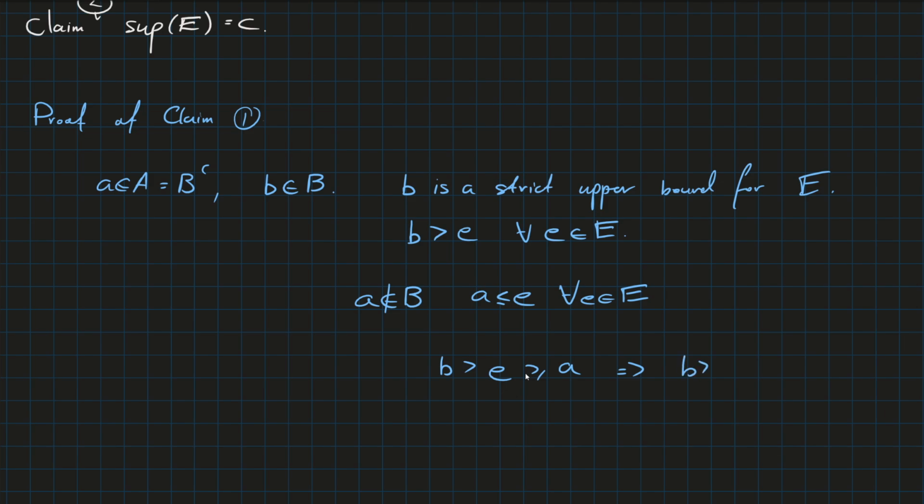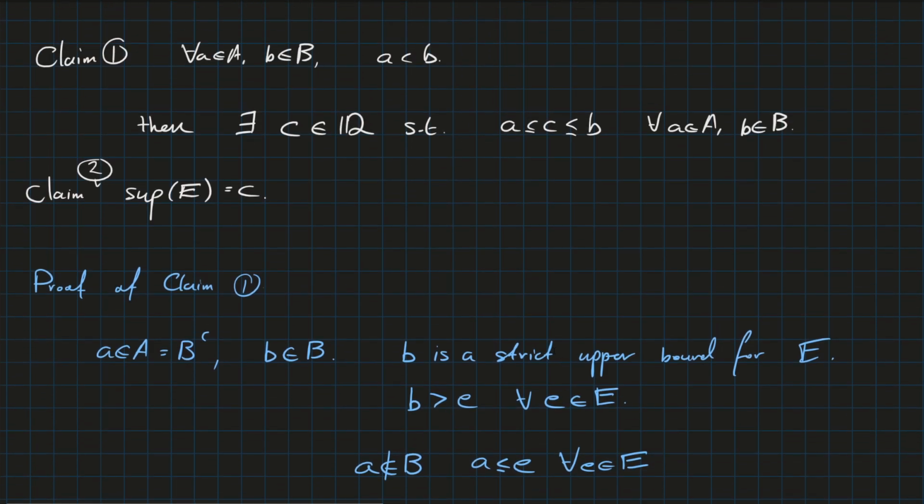So we get that b is strictly greater than a. And we get our claim.